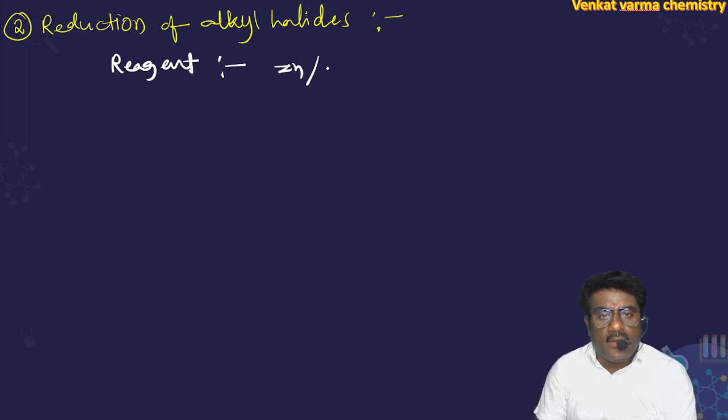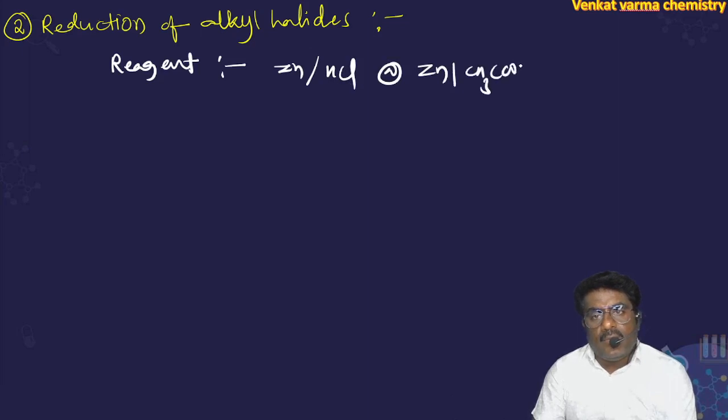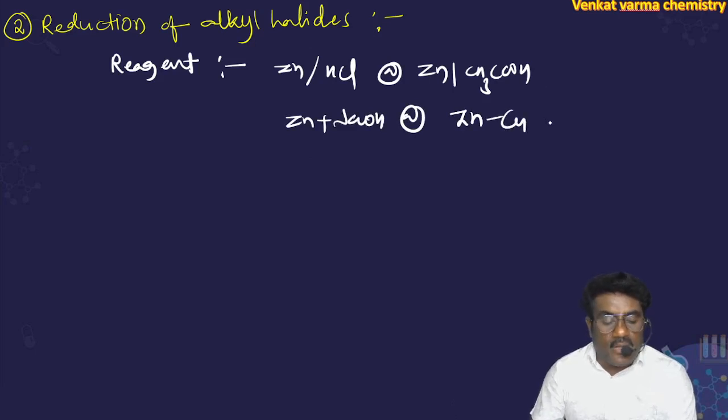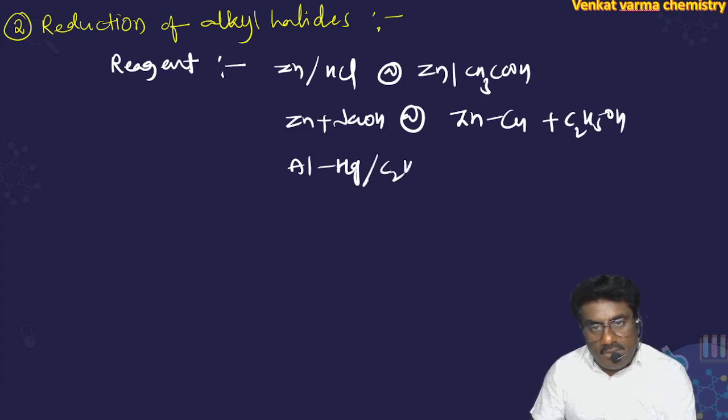Zinc in hydrochloric acid, or zinc in acetic acid, or zinc plus sodium hydroxide, or zinc-copper in ethanol C2H5OH, or aluminium-mercury in ethanol C2H5OH. These are the reagents used for the reduction of alkyl halide.